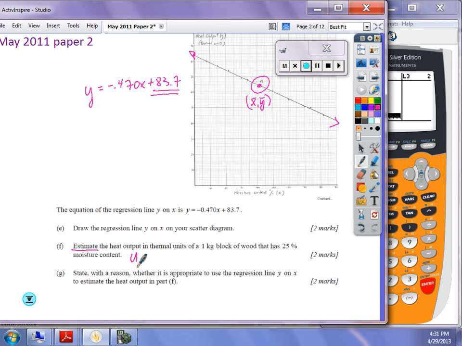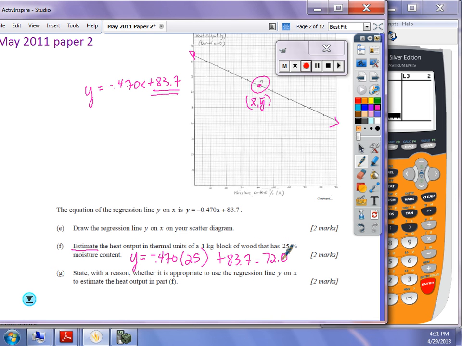So what you need to show here is that you're plugging the 25% into the regression equation. So I've got negative 0.470, and there's my 25 substituting for x, plus 83.7, and that's equal to 72.03, or 72.0 to 3 significant figures.